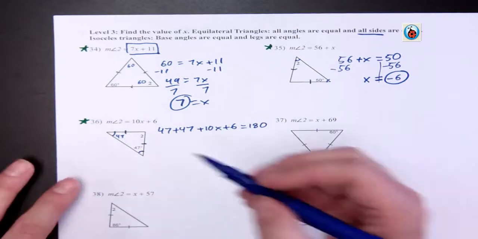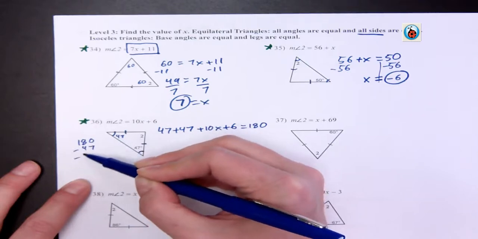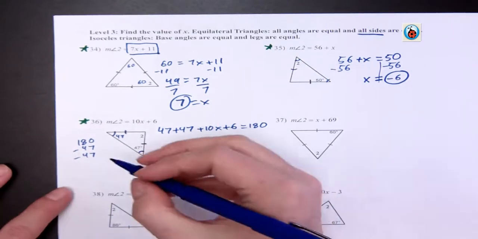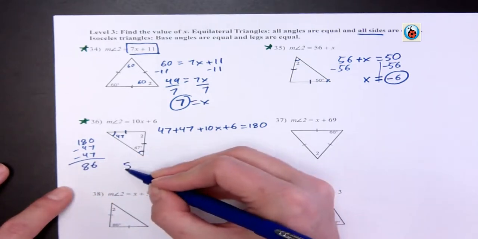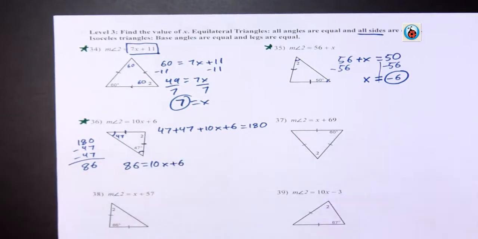Or I can do it as a separate step where I do 180 minus 47 minus 47 and get 86, and then my equation can be 86 equals 10x plus 6. Either way, I'm going to get to the same answer.